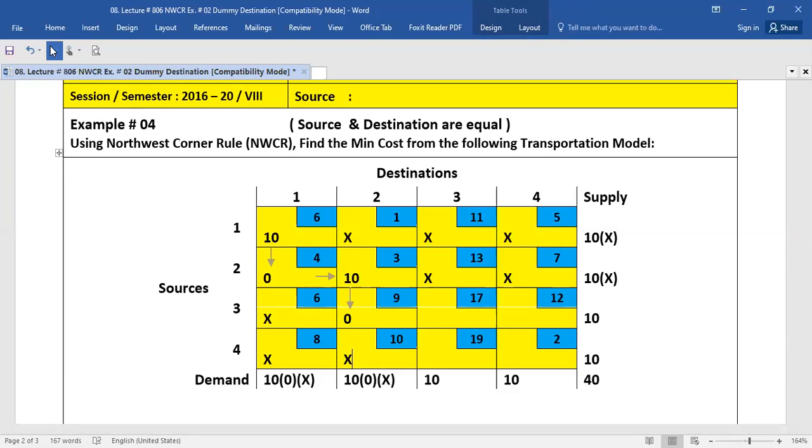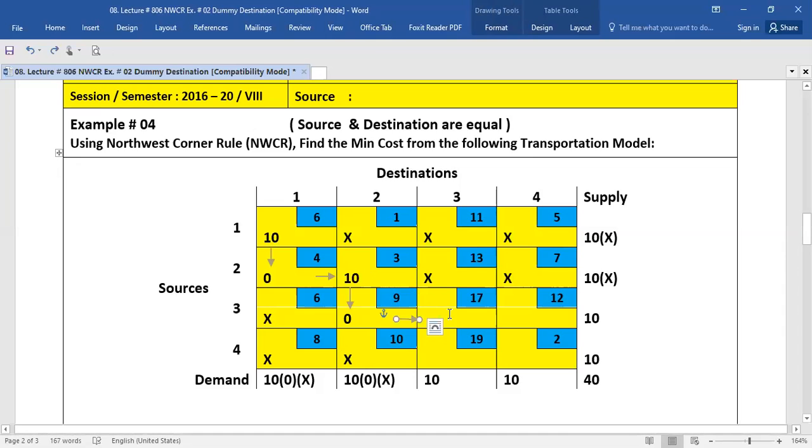Now in this column, no cell is blank. For your next allocation, you cannot move from here to here, and it is completed. It is not blank. For your next allocation, you will move to your right. Then you see that your supply is 10 and demand is also 10.